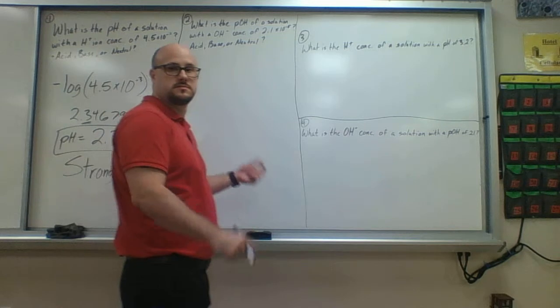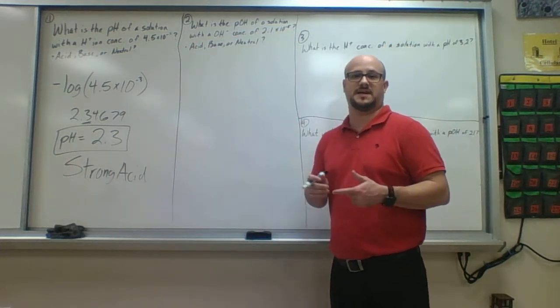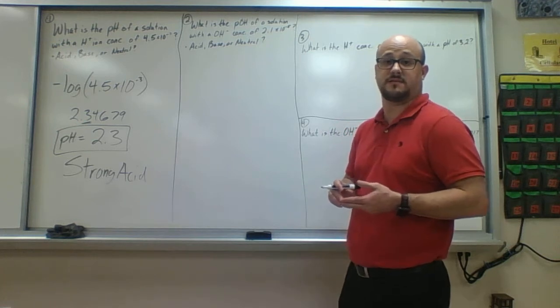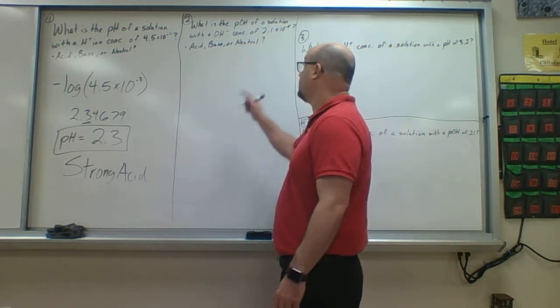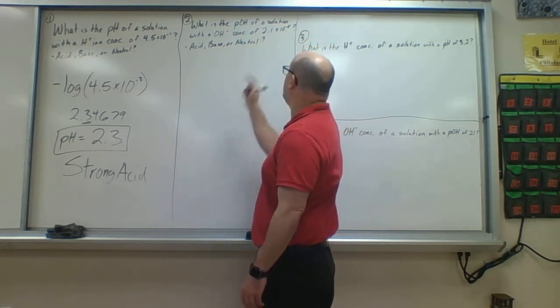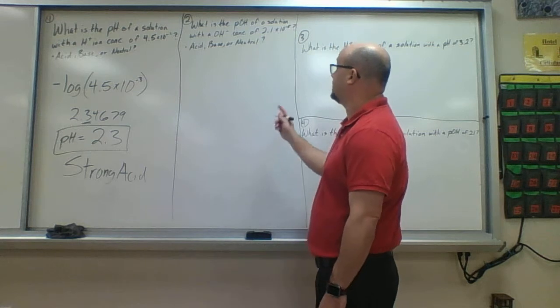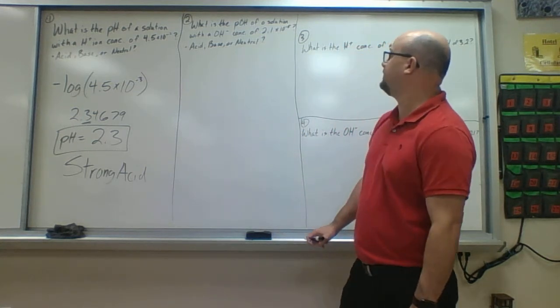Okay, moving on. pOH is the exact same as pH, except this time we're talking about the hydroxide count and the percent hydroxide. So, given one or the other, we can solve for the opposite. What is the pOH of a solution with a hydroxide concentration of 2.1 times 10 to the negative fifth?